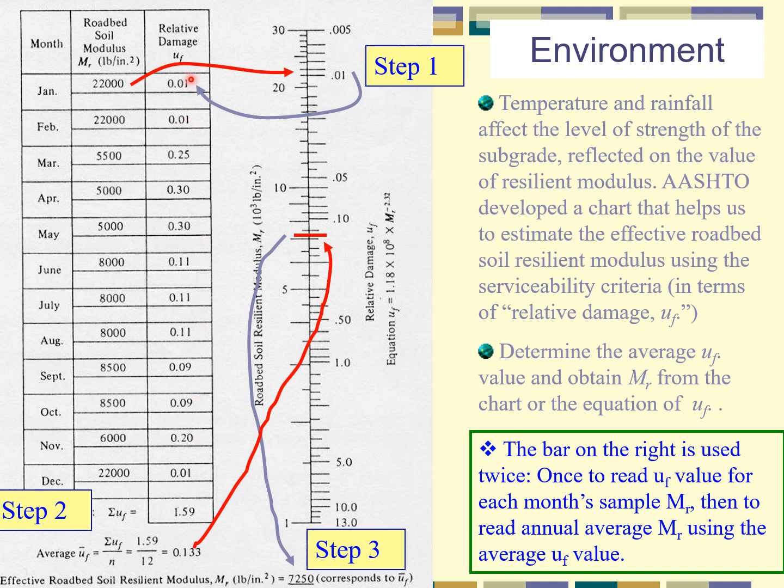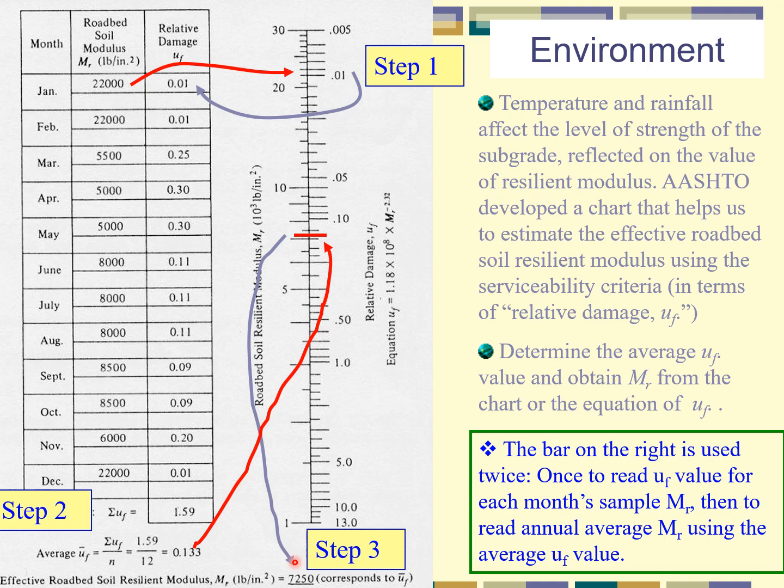Now just add all the relative damage values. This is 1.59 in this case, and divided by 12, you get the average relative damage value, that is 0.133. Now corresponding to this average relative damage value, over here, you can see that the resilient modulus is equal to 7250 pounds per square inch in this case.